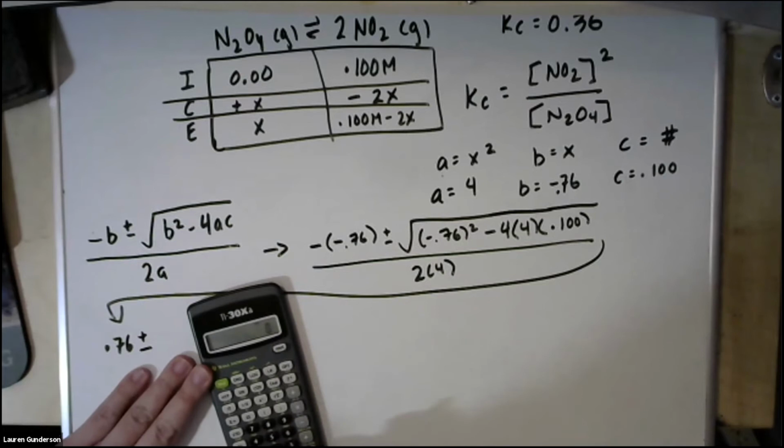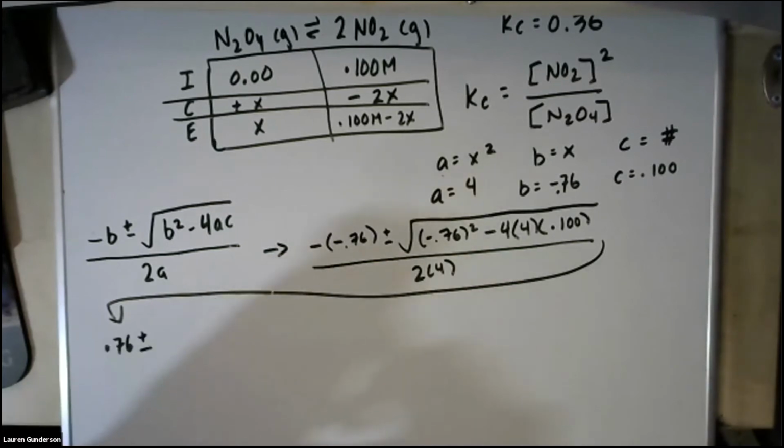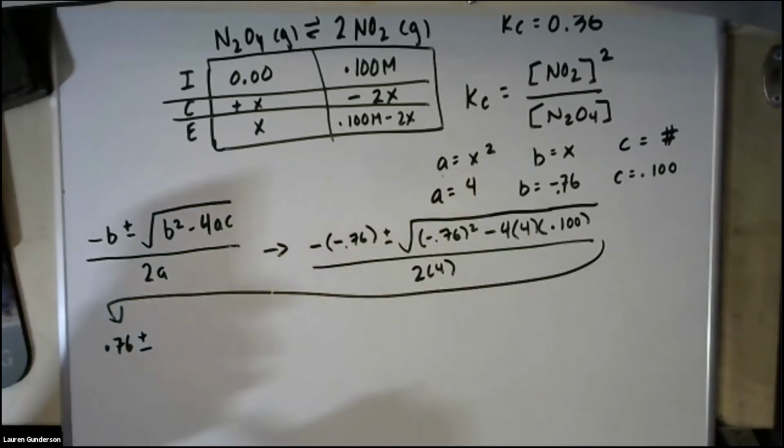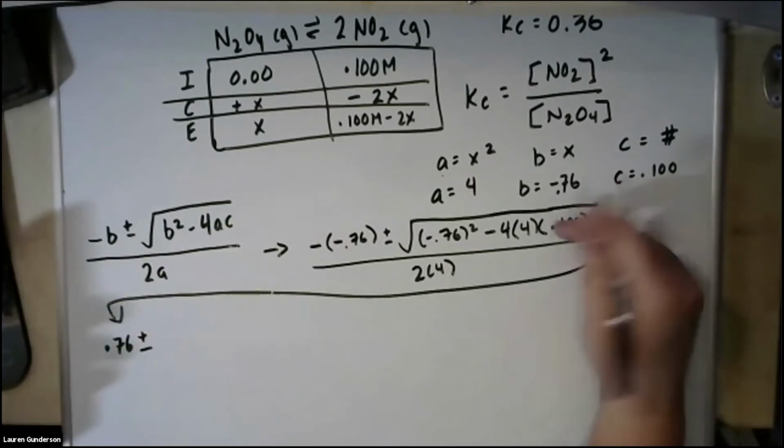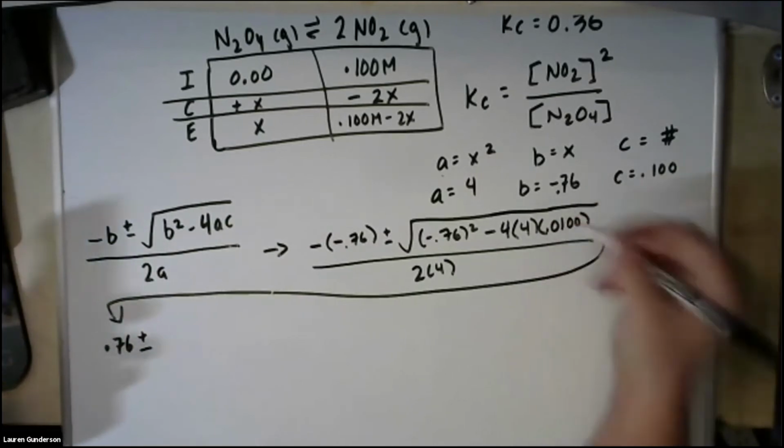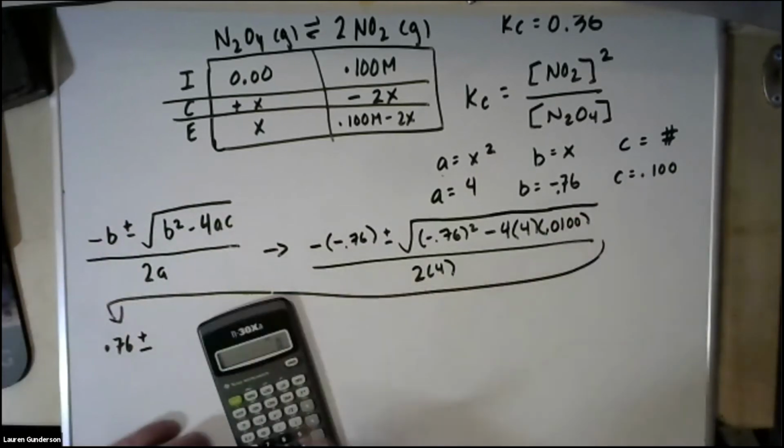So I'm going to do 0.76 negative squared, and then minus, and then in parentheses I'm putting 4 times 0.1, close parentheses. Sorry, I messed that up because I forgot a 0. That's 0.01.